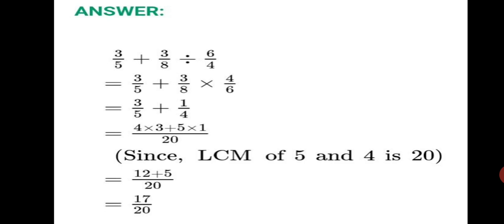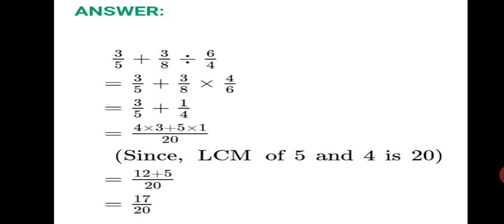So 3 upon 5 you multiply by 4 and 1 upon 4 you multiply by 5 and you get 12 upon 20 plus 5 upon 20. In the next step it is shown directly 12 plus 5 upon 20 is equal to 17 upon 20, your final answer. You can choose your own steps here to multiply and equalize the denominator.